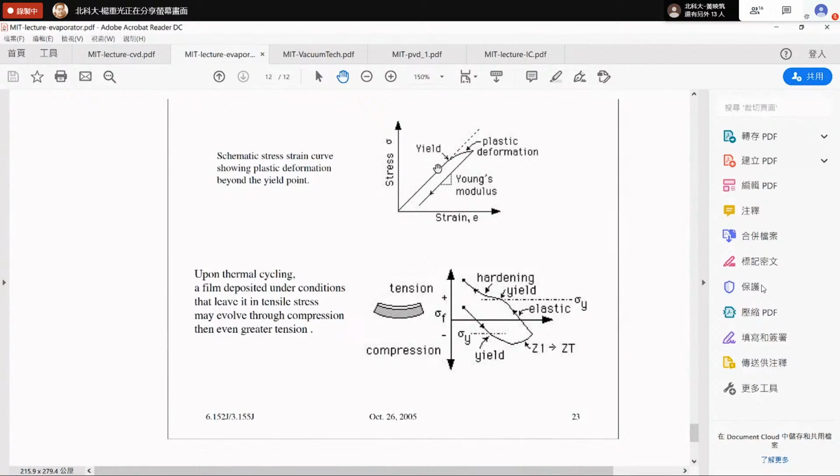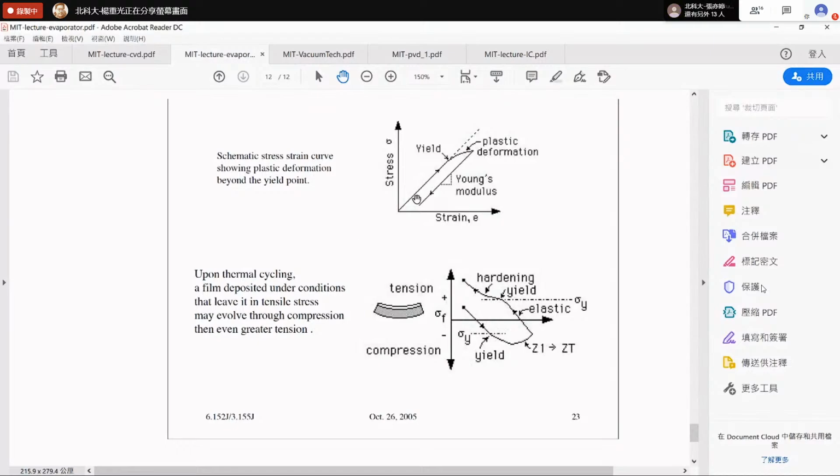So this is called the yield. And when it deviates from this straight line, we call it plastic deformation. And when you reduce the stress, it goes back like this, and we call this the Young modulus.